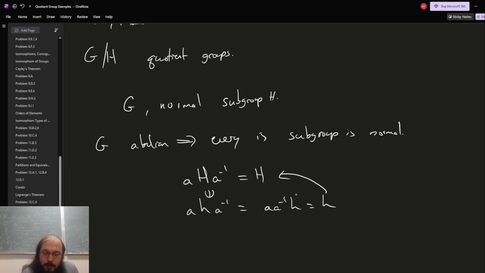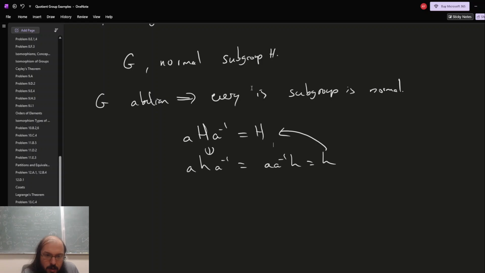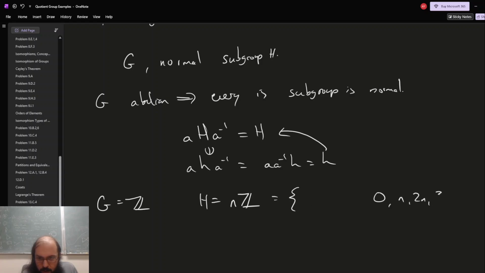And so in particular, if G is equal to Z, then H can be any NZ that I want. These are just the numbers that are multiples of N. So we have 0 and 2N, and then running backwards, and so on. Worth pointing out is that because G is abelian, we often use additive notation for abelian groups.